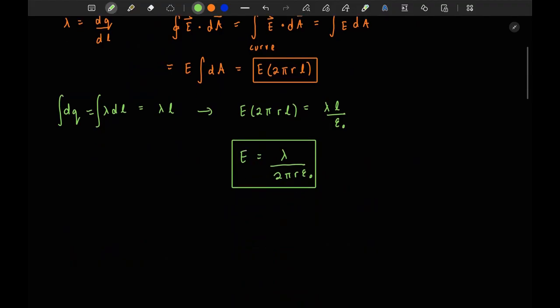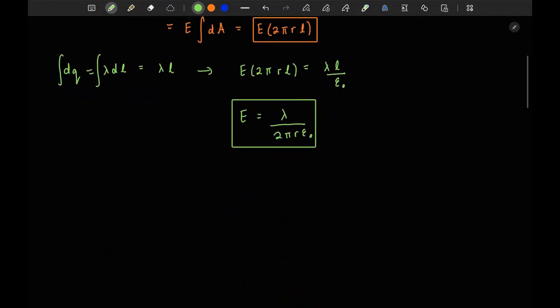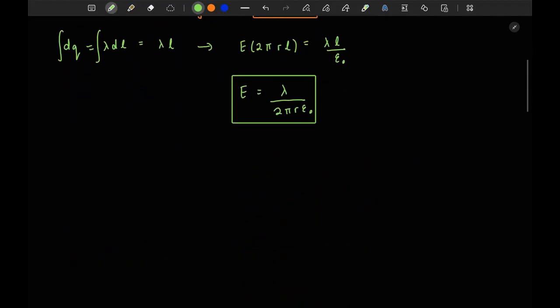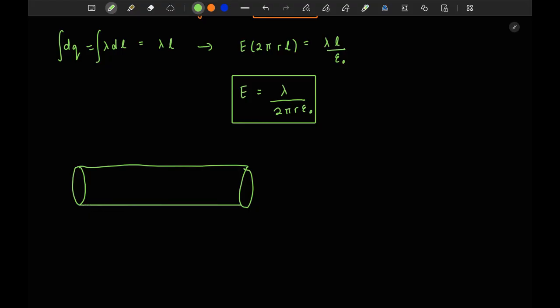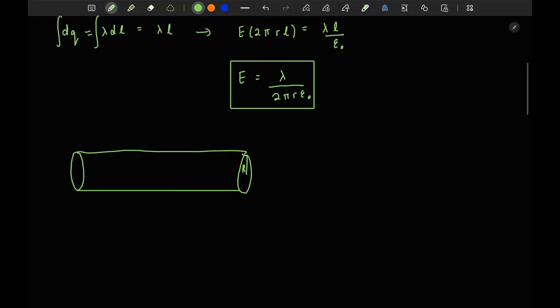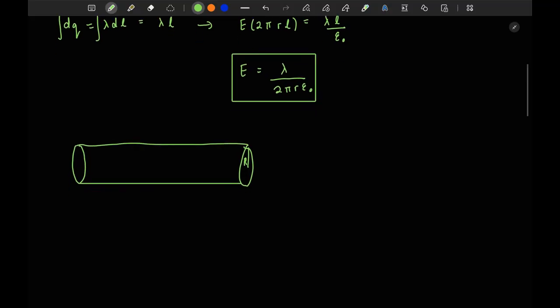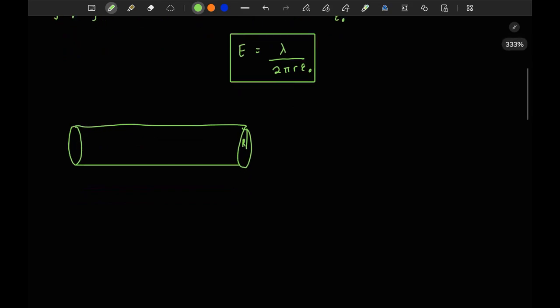So now let's consider one more problem along those same lines. Suppose that we have instead a solid cylinder with radius capital R. And instead of assuming it's uniformly charged, I'm actually going to jump straight to the case where we have a volume charge density. Suppose we have rho of r is equal to, let's say, alpha r once again, right?